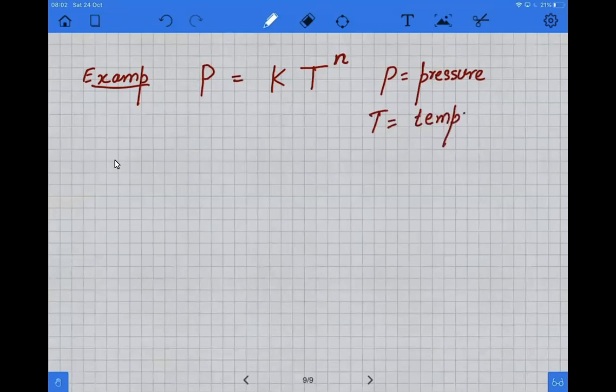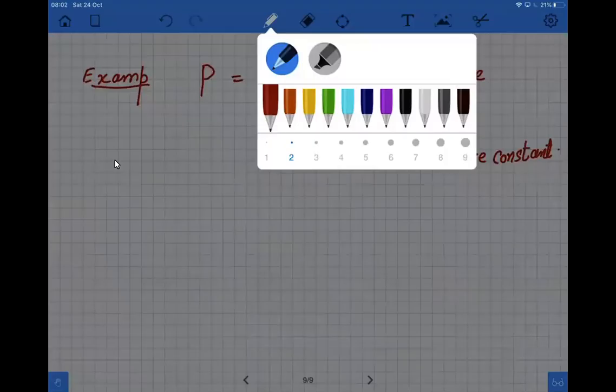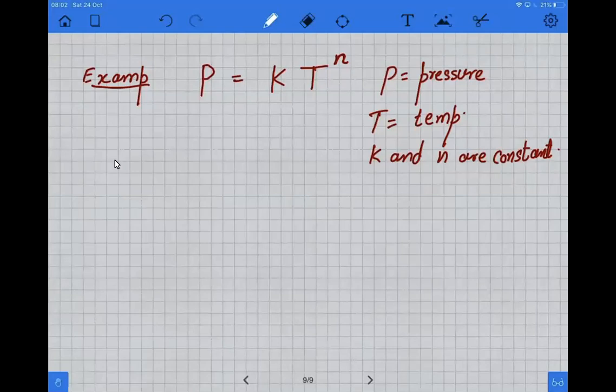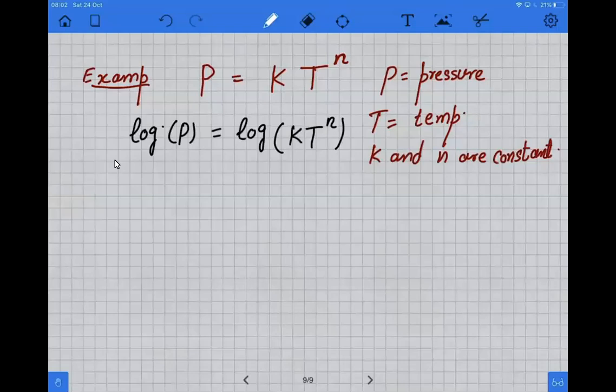Now same task is there, k and n are constants, but we have no idea what is the value of n. So when we have a variable in the power and we need a straight line graph, we have to take log again. So if we take log of this, we get log of p is equal to log of kt power n.